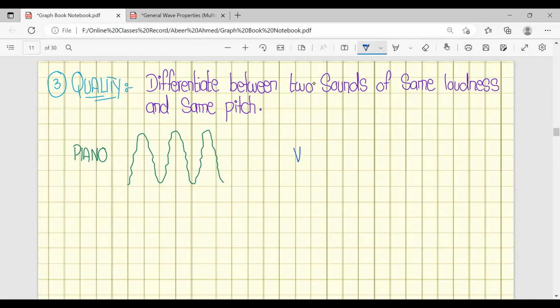And if we discuss another example, say a fluid, because both are sources of sound, the wave is going to be somewhere like this.